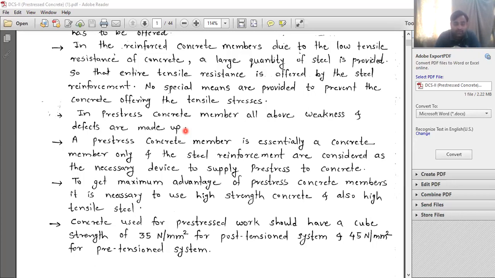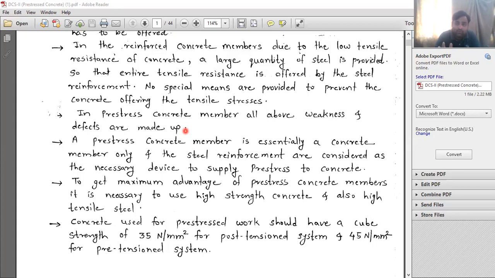You cannot imagine, it may go up to more than double or triple, depending upon the size, but it is definitely going to increase. That is why it is not used. The normal concrete members made of steel and concrete are sufficient for residential and commercial complexes. They can take the load, so there is no need to go for prestressed concrete members.